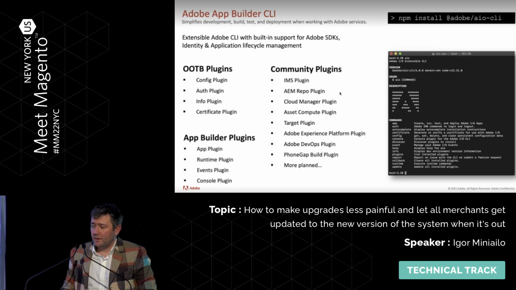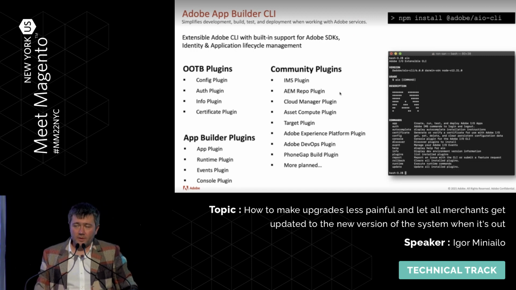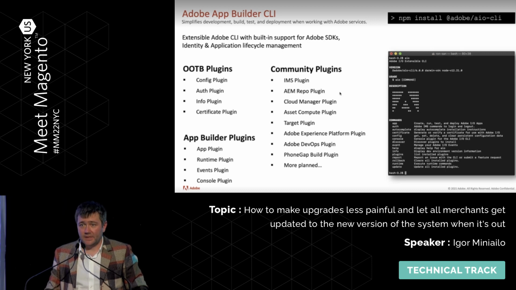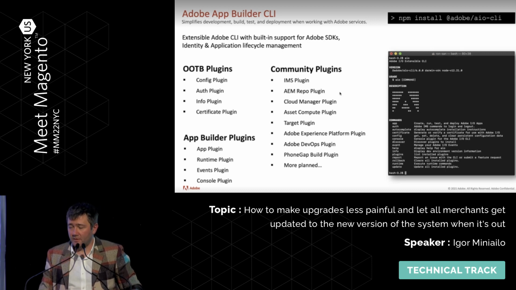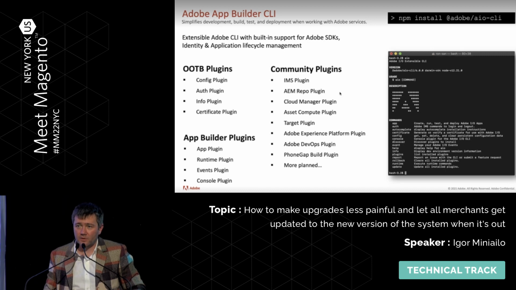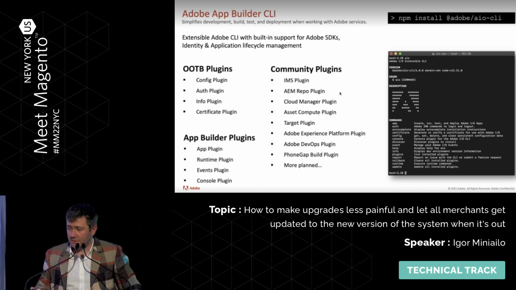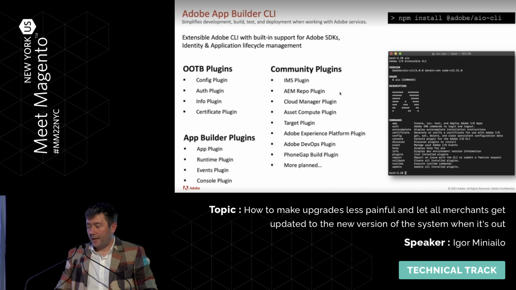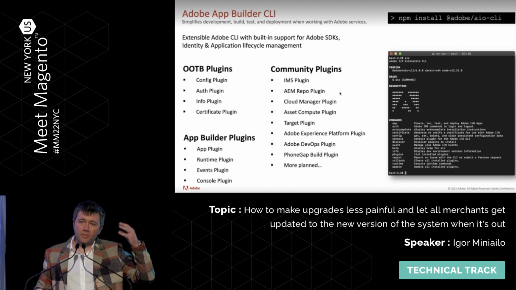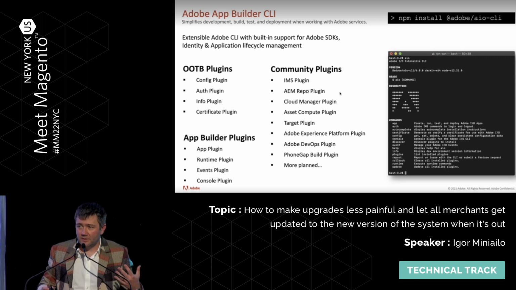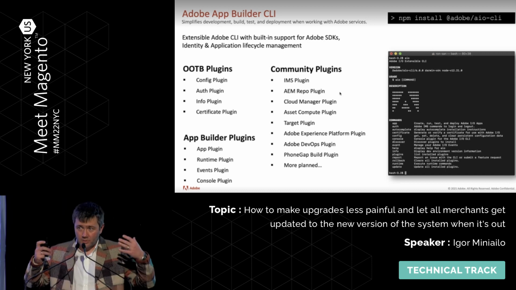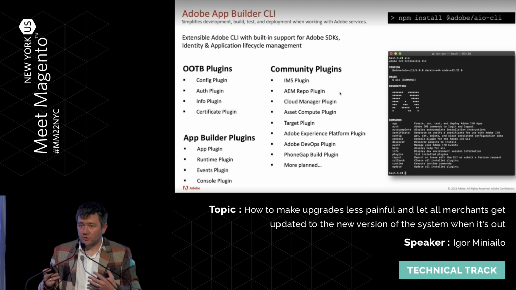So again, App Builder goes with the low-code CLI included, which provides some plugins which simplify the work with different Adobe systems, so that you may see the plugin for IMS, for AEM, for Target, and so on and so forth. Again, what App Builder does from the extensibility perspective, we are moving all the third-party code out of the main execution process.